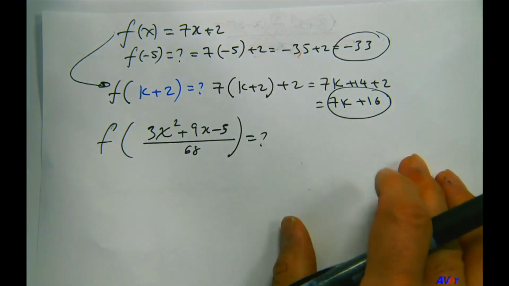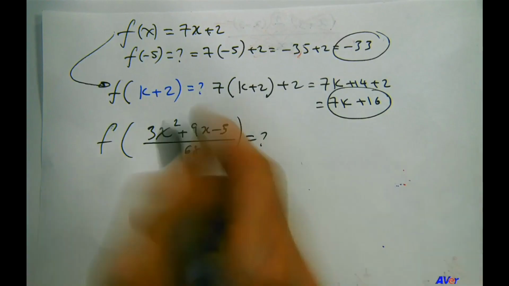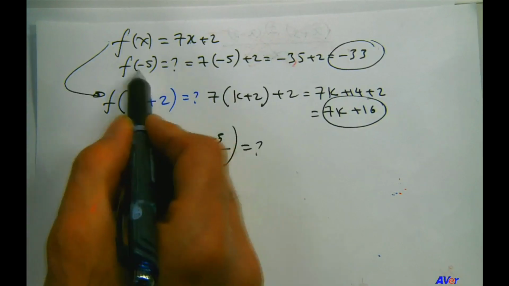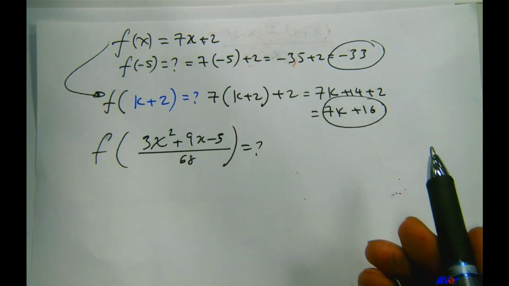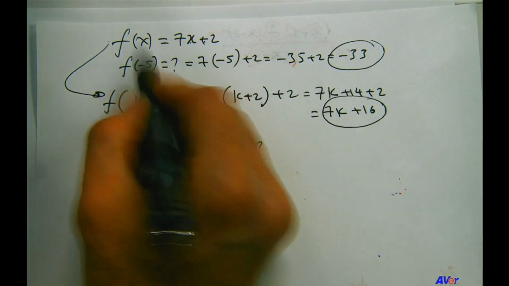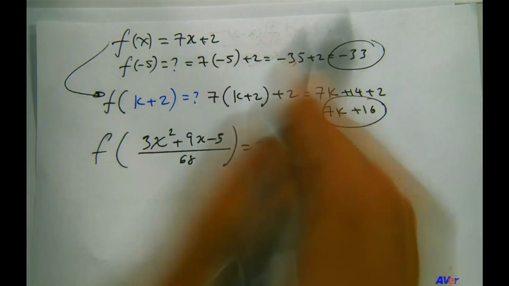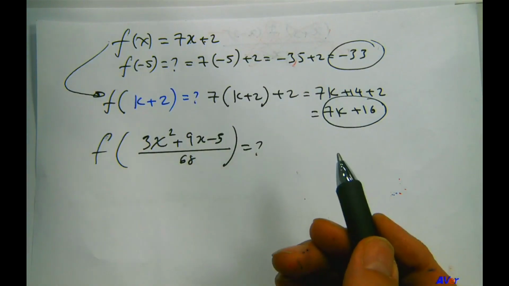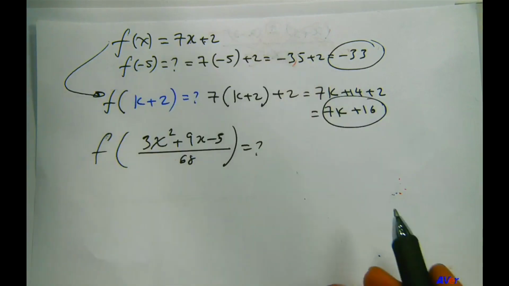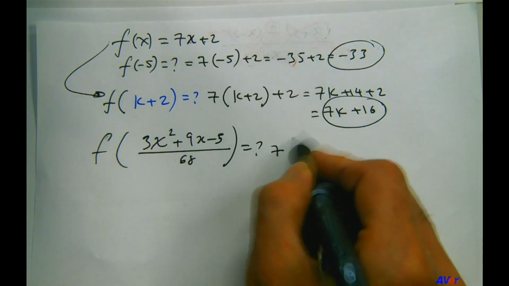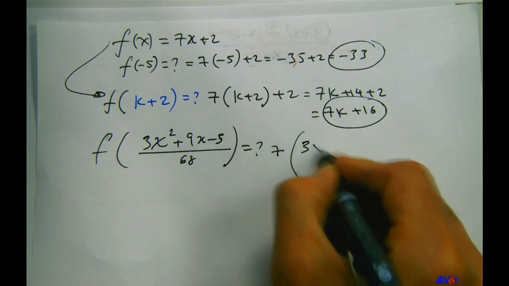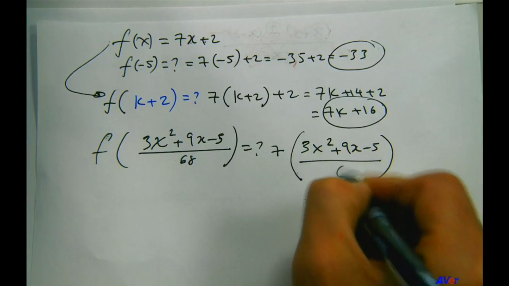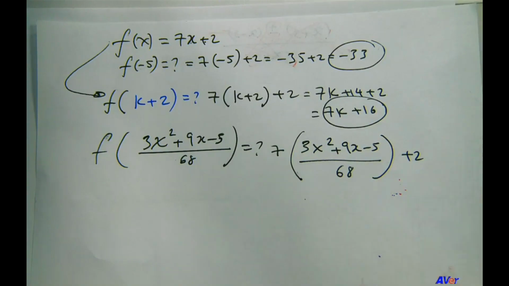So please don't confuse yourself by thinking that evaluating this function at this quantity is different than evaluating it at negative 5. 100% of you can calculate this function at negative 5. 100% of you should be able to calculate this function at this quantity. Simply substitute it wherever x is. So 7 times all of that, plus 2.